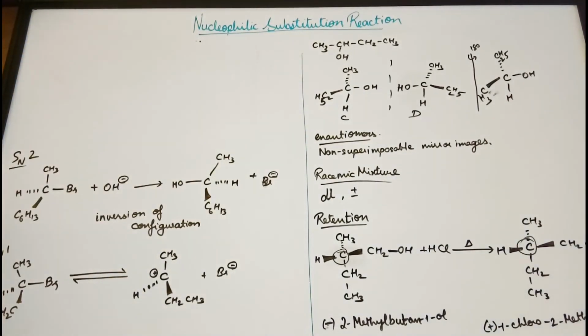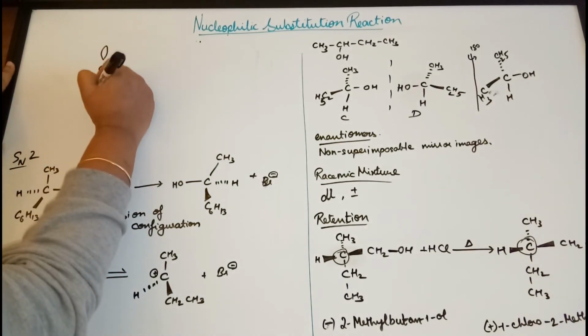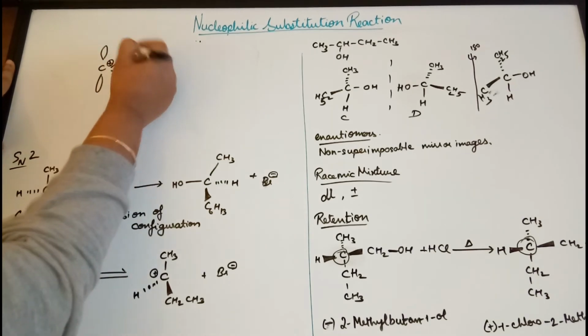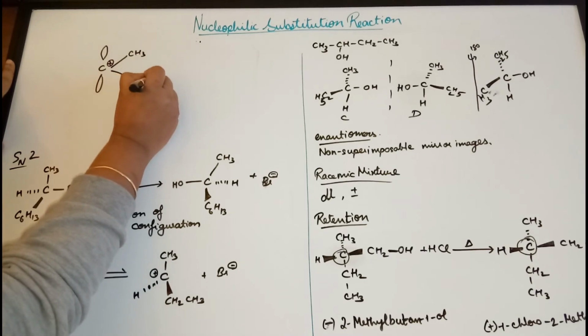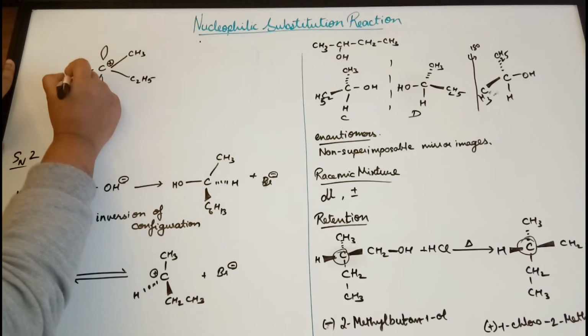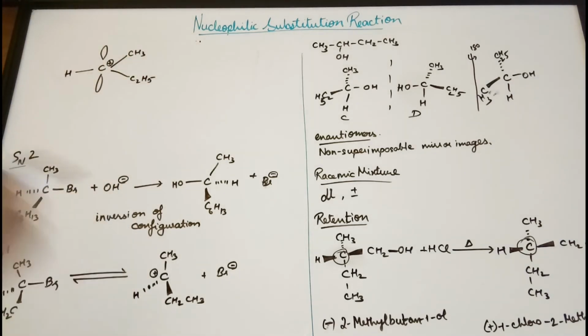This is the carbocation, and it has 3 groups attached to it: CH3, a C2H5, and a hydrogen atom. In your textbook this is denoted as a triangle.